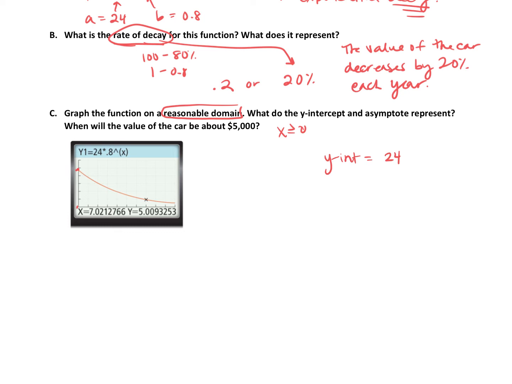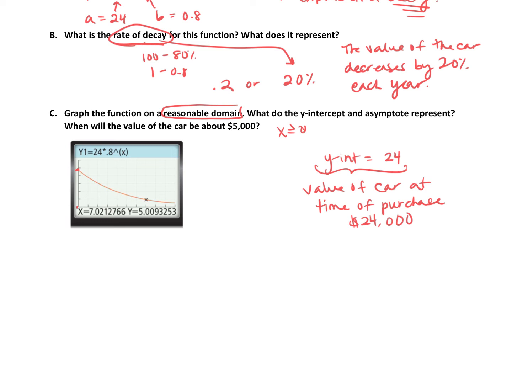So right there, that is the value of the car basically at year 0 or when you purchase it. So the y-intercept is the value of the car at time of purchase, which is year 0, basically. No time has passed. And remember, we are talking thousands of dollars, so that was the $24,000.